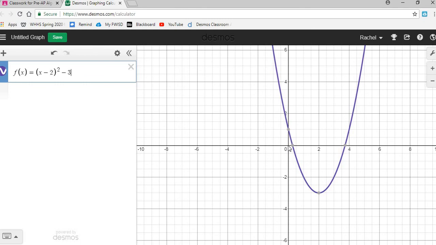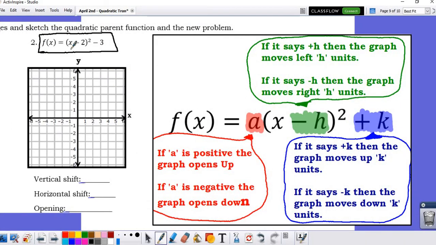So it looks like my graph moved to the right, and it moved to the right 2 units, and then it moved down 3, which makes sense because the inside is negative. So that means that it moves to the right. That's what we wrote here. So right 2, the outside is moving it up and down, so it moved down 3. And the very front number is positive, so it opens up.